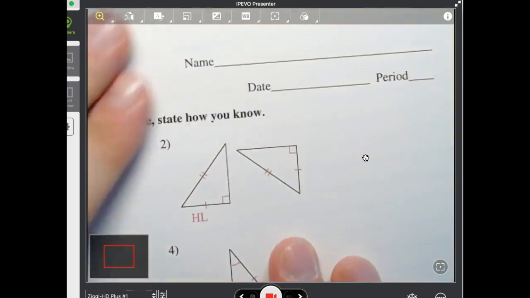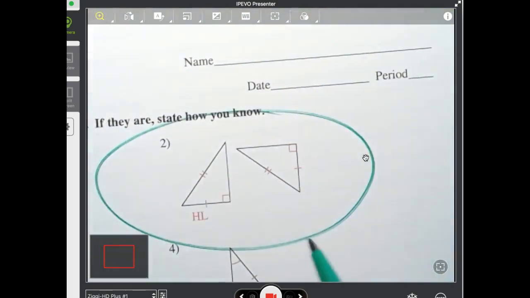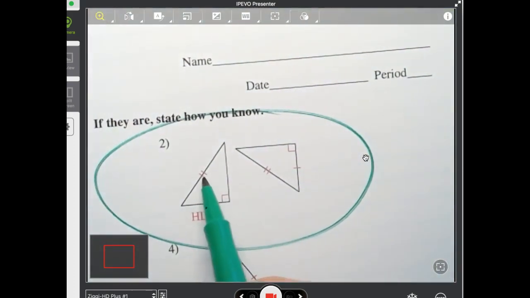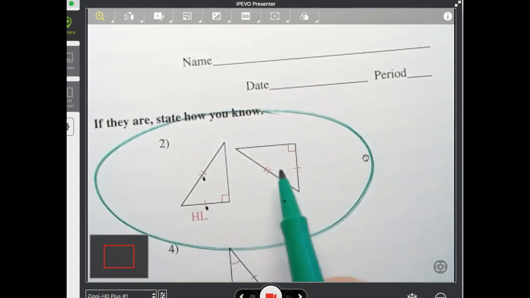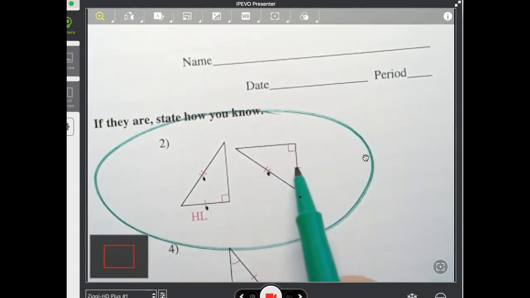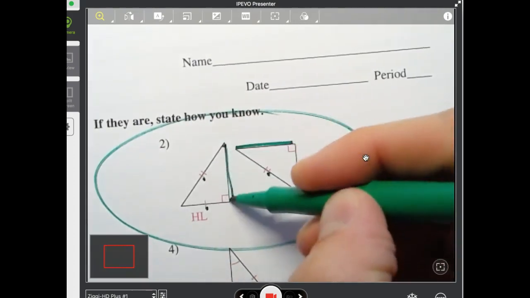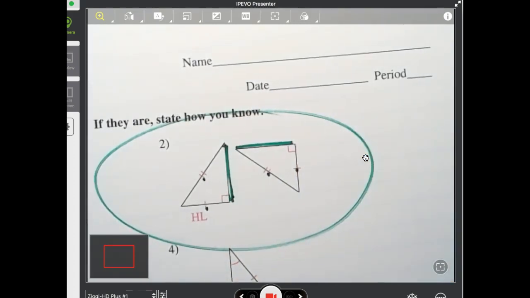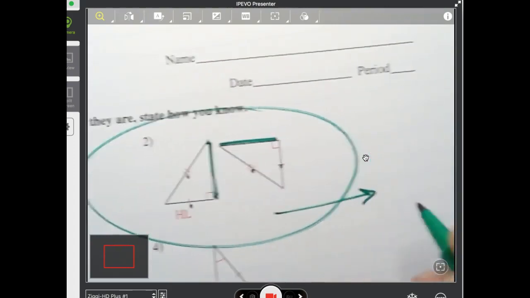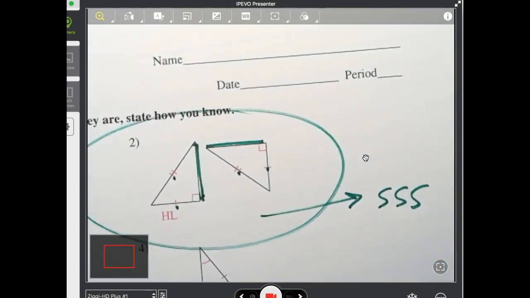Alright, so right here, number 2. Here's a hypotenuse and a leg. And of course, we know those two. Then we also know the third side because we could just throw in a little Pythagorean theorem, and then of course we have SSS. Okay? Alright, that is it for this video.